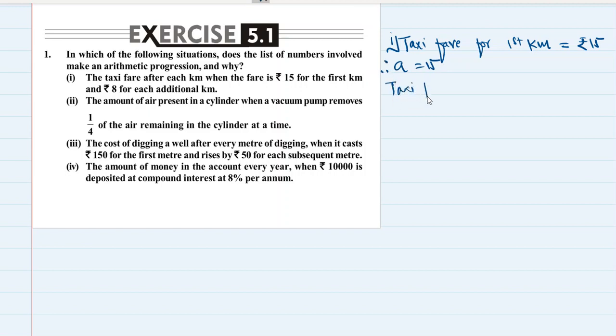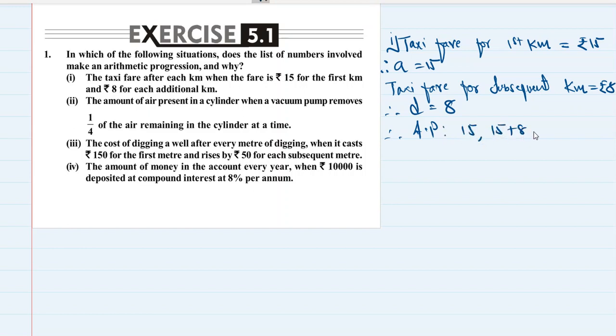Then the taxi fare for each subsequent kilometer is rupees 8. Therefore, the common difference is 8. So the AP becomes 15, 15 plus 8, 15 plus 8 plus 8, and so on. That is 15, 23, 31, 39, and so on.